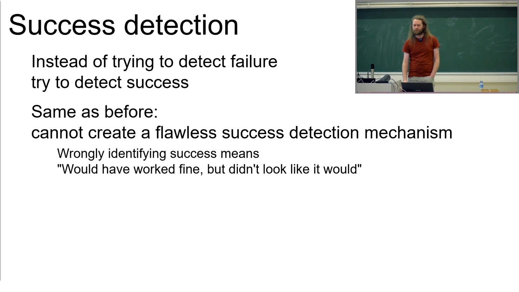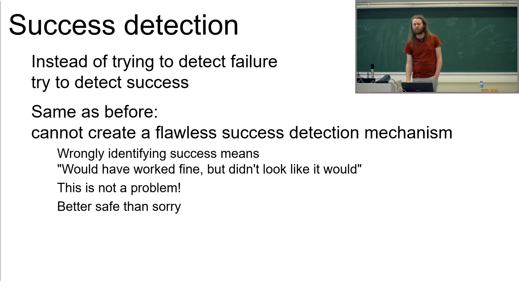No, it isn't really. Of course, if you tune this too hard, so you're only accepting a very small subset of things that would work, and you're rejecting a lot of things that could have worked, then it might be a cause for concern. But ultimately this is not a problem, because it is better, after all, to be safe than to be sorry.